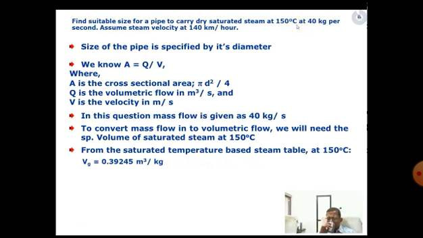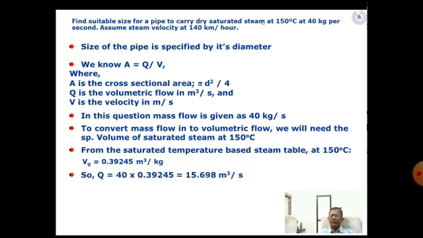At this point, let me tell you that when we note down the specific volume of steam, take as many digits as possible after the decimal, as mentioned in the steam table. That will make the calculation more correct, because the specific volume will be much less than 1. Now from this specific volume we can calculate the volumetric flow from the mass flow.